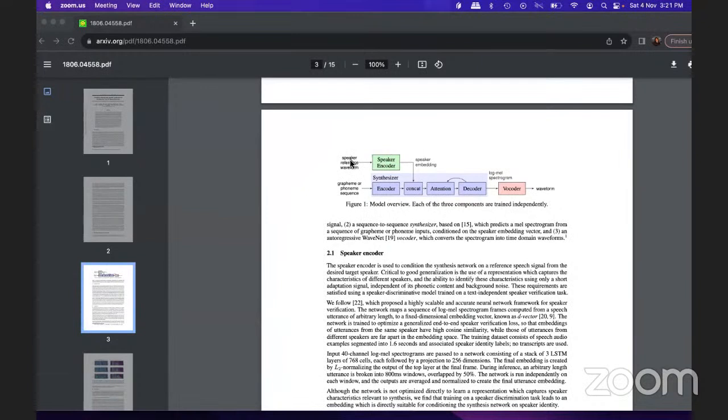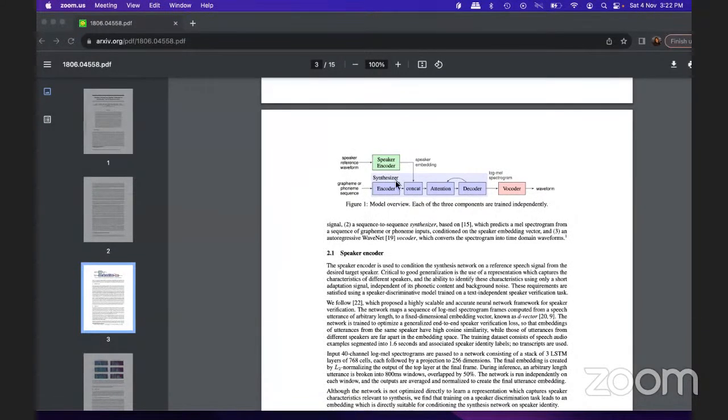The reference speaker's audio is embedded into a 256-dimension vector. The encoder captures the nuances from the voices, and based on those nuances, it embeds that audio signal into a particular embedding point in the space.